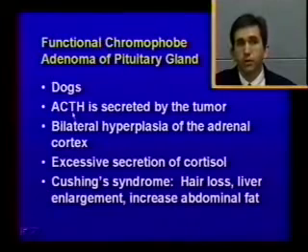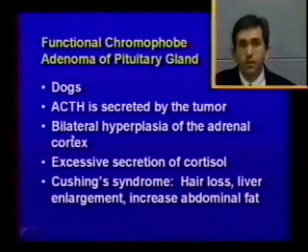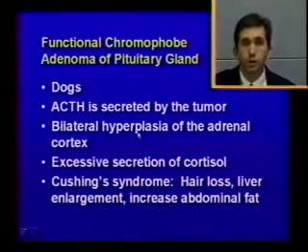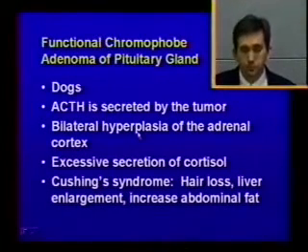So the tumor of the pituitary gland stimulates the adrenal cortex to become enlarged, and the lesion that we would see histologically would be hyperplasia of the adrenal cortex on both the right and left sides.